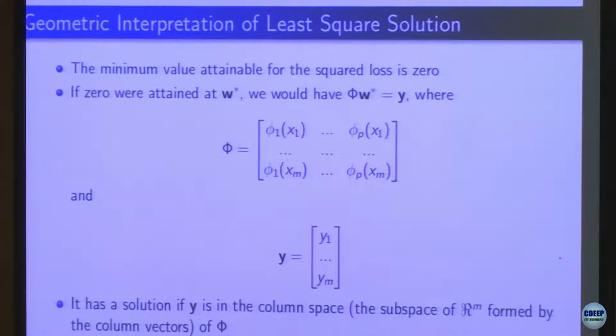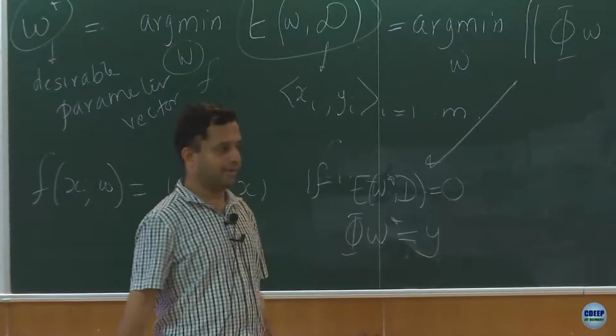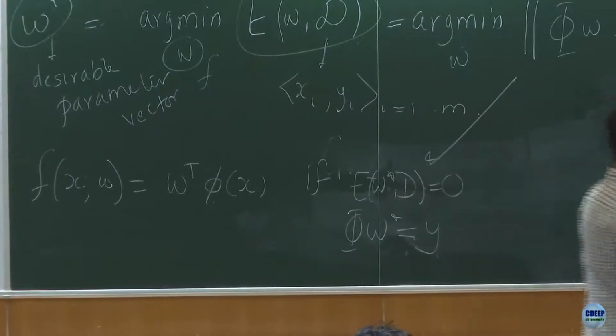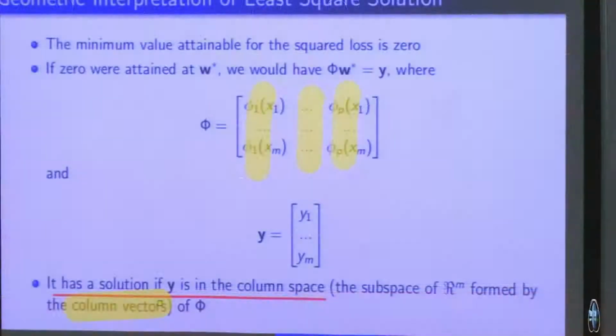I can say that if the norm is going to go to 0, then the vector must also be 0. That's a property of norm: a norm is 0 if and only if the vector is 0. Phi W star will therefore equal y. That's exactly what we have said here. It has a solution if y is in the column space, the subspace of R m spanned by the column vectors of phi.